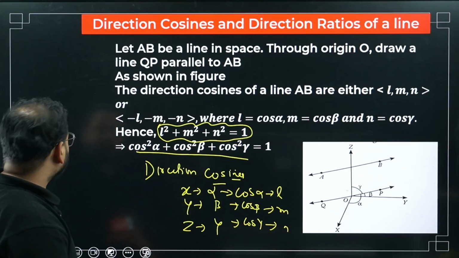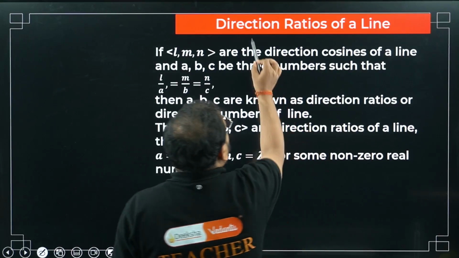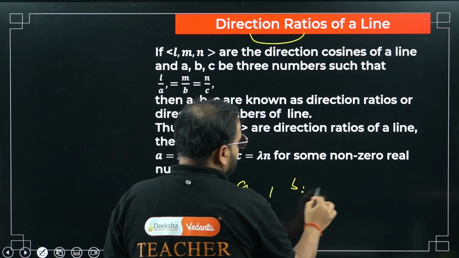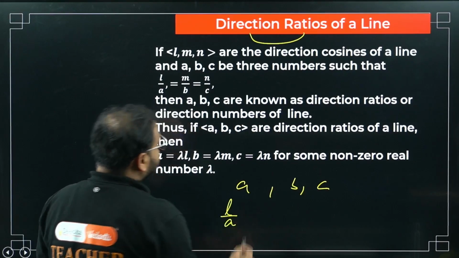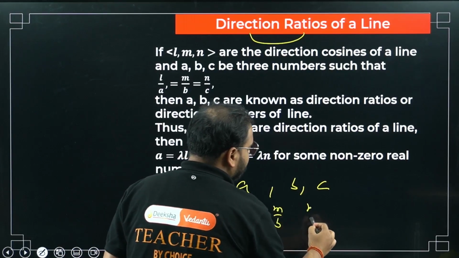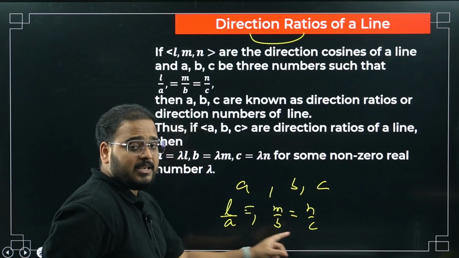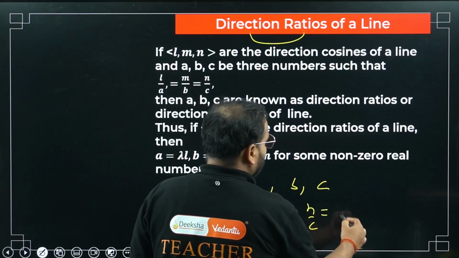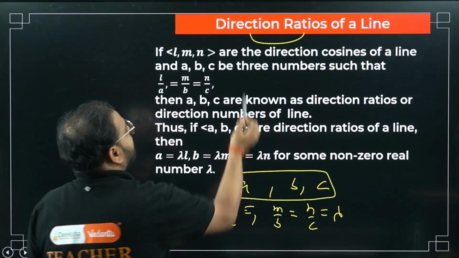Okay, now moving on to direction ratios. If I take the values to be A, B, C, those values of A, B, C for which the ratio L by A, M by B and N by C becomes equal to a certain constant lambda are called direction ratios.